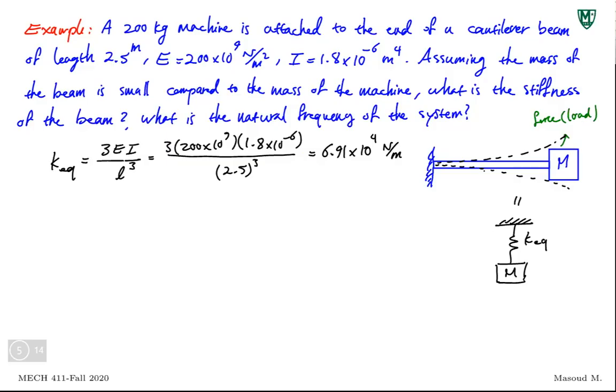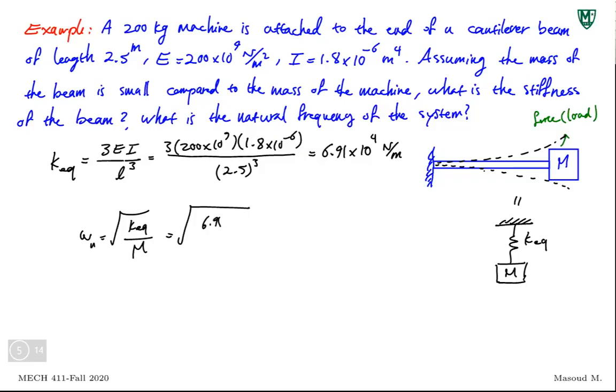Now, once you know the stiffness, what is the natural frequency of the system? Now you have the stiffness, you have the mass, right? Hopefully the rest is straightforward. The natural frequency would be the square root of the equivalent stiffness over the mass.